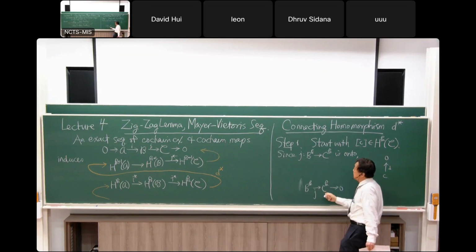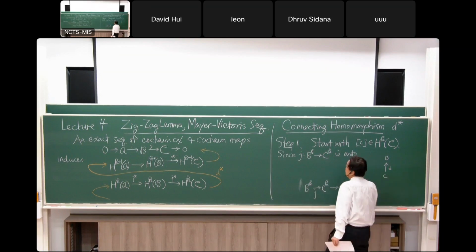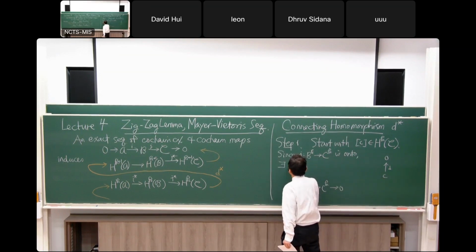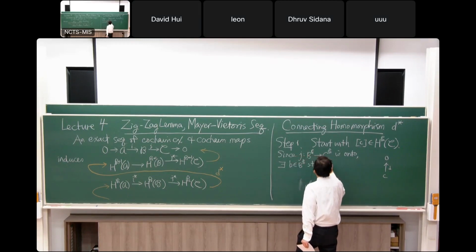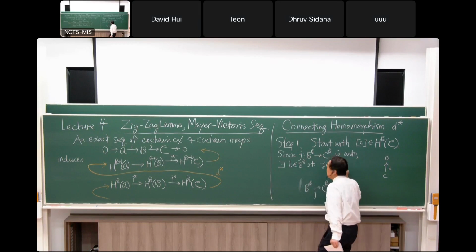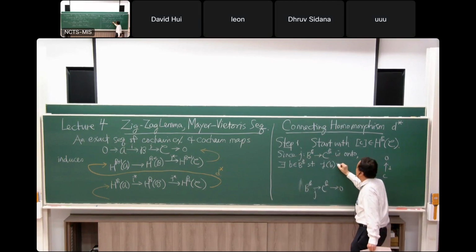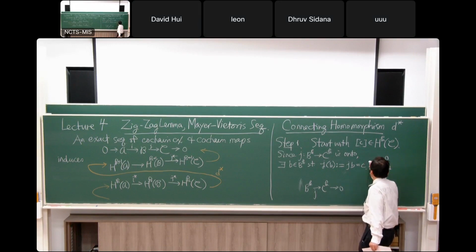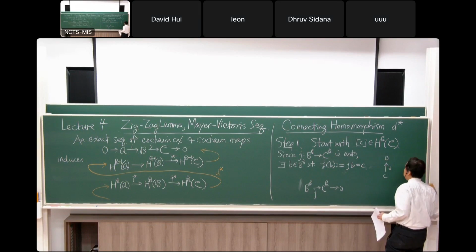And this is surjective. So there exists a b in B^k such that J of b, and to simplify the notation, I will often omit the parentheses, and I just write Jb is equal to c. Let's put the picture here.